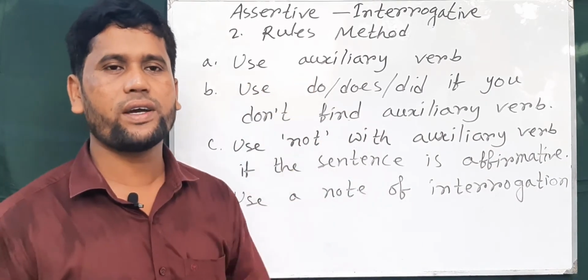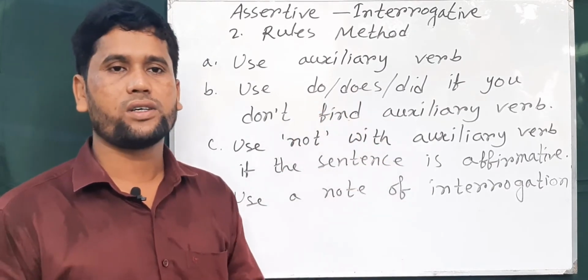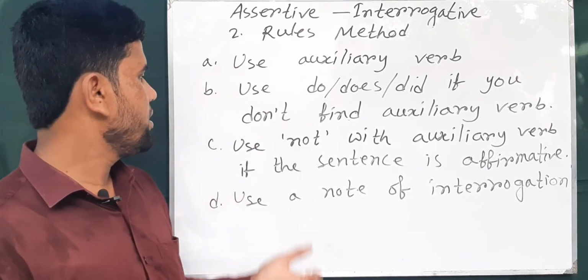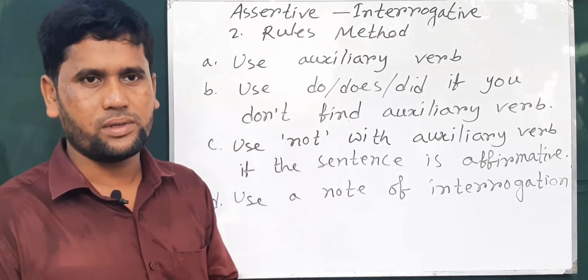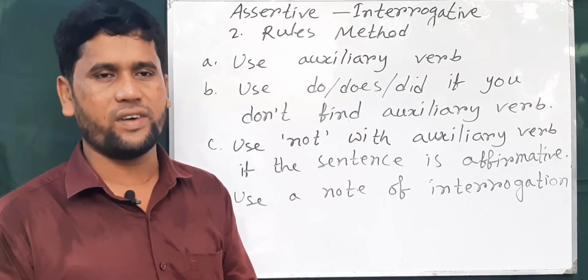But if you don't find auxiliary verb, then you can use do, does, or did according to the main verb of assertive sentence. So it's only one thing, we use auxiliary verb. If you don't find auxiliary verb, we use do, does, or did according to the main verb.